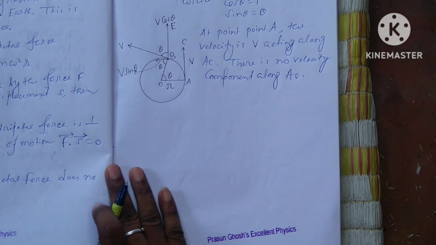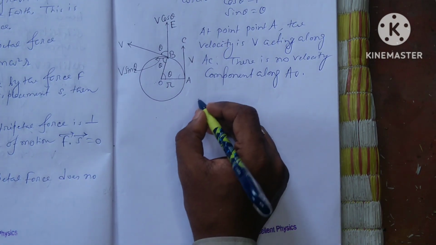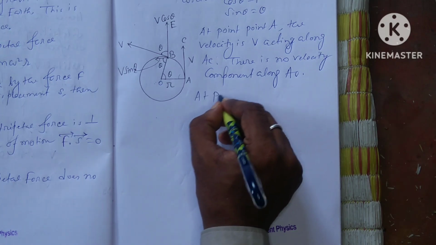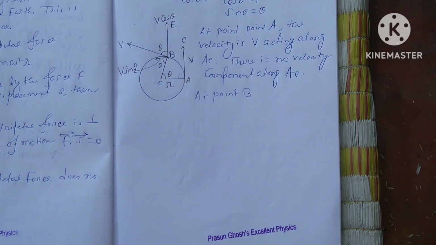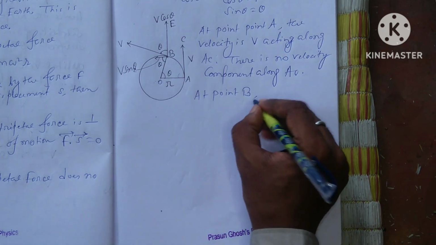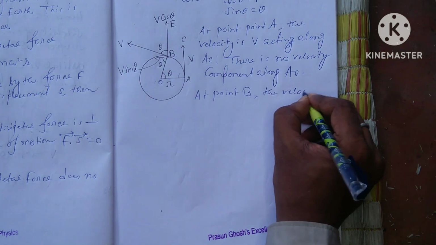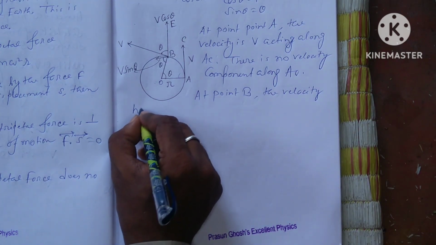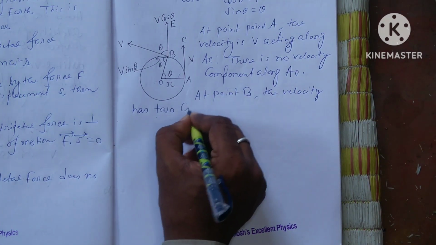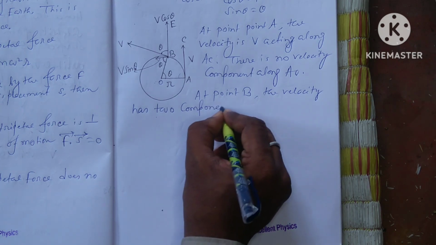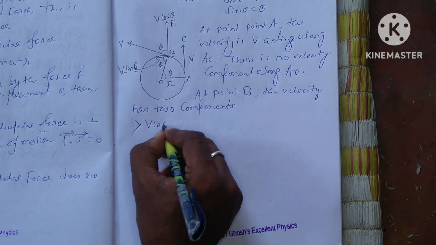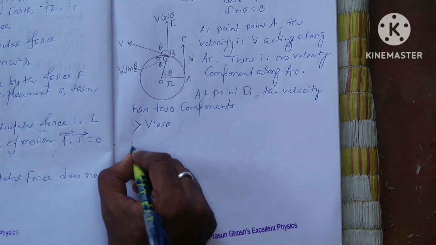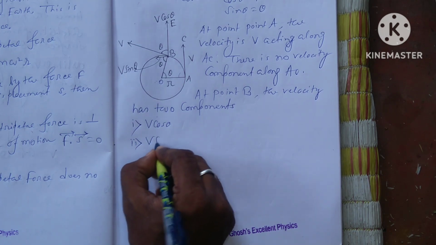So at point B, the velocity has two components. Number one, v cos theta. Number two, v sin theta.